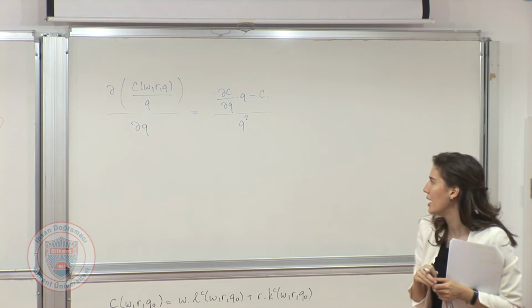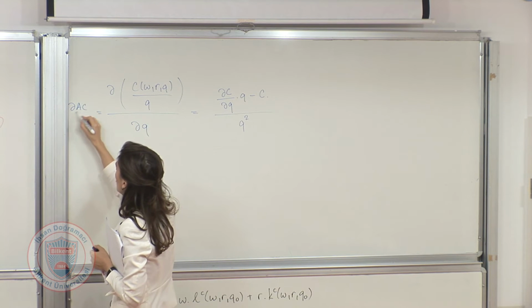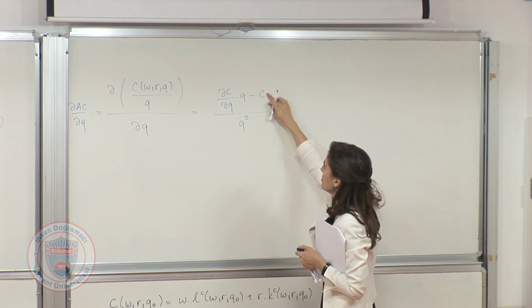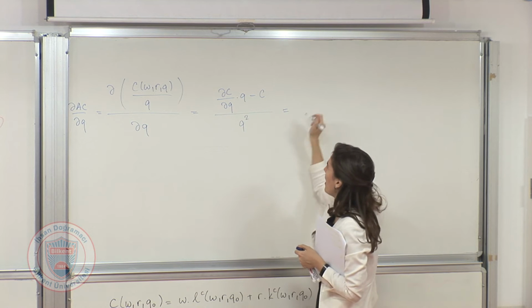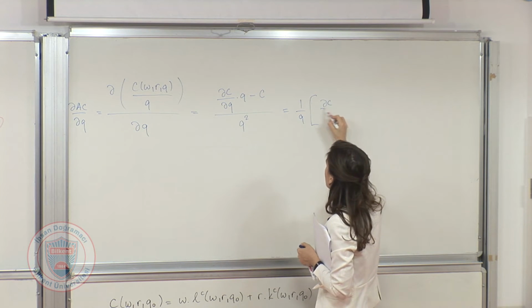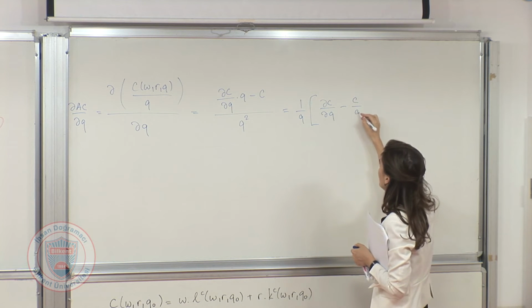I didn't do anything, I just took the derivative of the average cost, so ∂AC/∂Q. Now if I take 1 over Q outside the parentheses, then this is (∂C/∂Q minus C divided by Q).